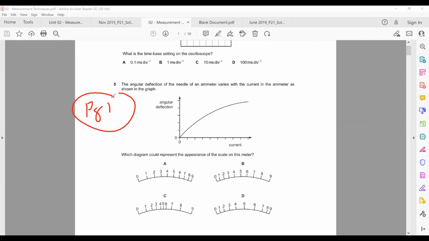No, I haven't. Okay. Calibration curve, did your teacher cover it for you? Something about sensitivity or instrument. No, not yet. No. Okay. Right.